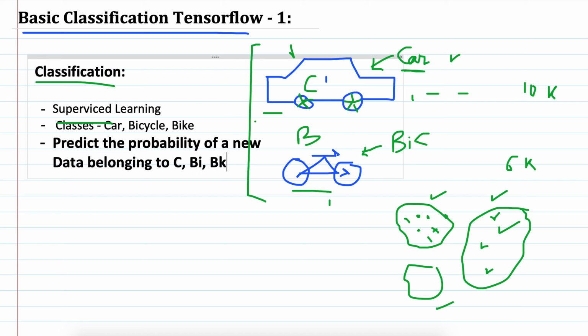After the machine has learned to classify, this is computed from the neural network's loss function. So if we give an image of a car and the machine says that with 90% probability it's a bike, then in that case we will penalize the machine by increasing its loss function, and if it predicts correctly we will decrease the loss function.